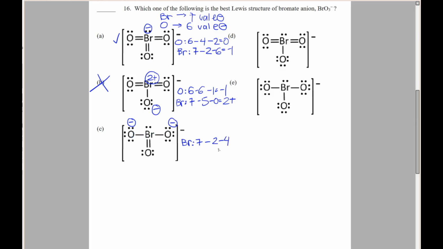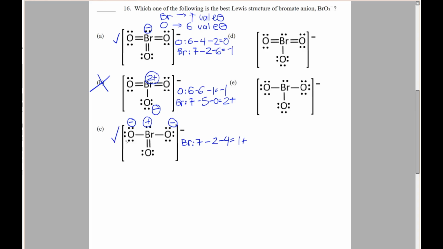So 7 minus 2 minus 4. 7 minus 2 is 5, and then 5 minus 4 is 1, or 1 plus. So this bromine is going to have a +1 charge. And this is a valid structure because we have 2 negative charges and 1 positive charge, so that does add up to a -1 charge overall. So C is still possibly one of our answers.